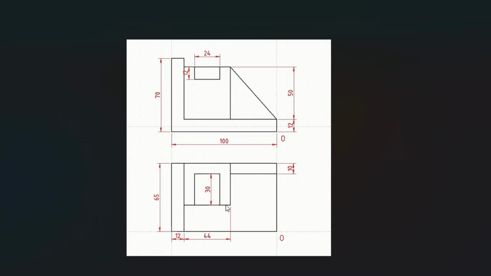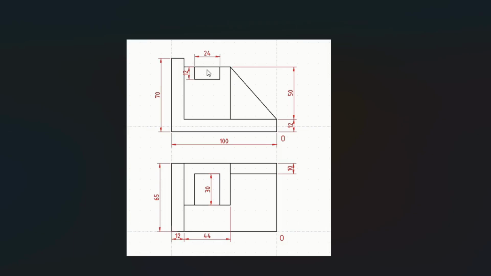Now in addition to that, the depth of the slot is given as 30 mm along the y-axis, so this line and this line are 30 mm apart. Let's first locate the center point for this, and from that we'll draw a line of 24 mm.